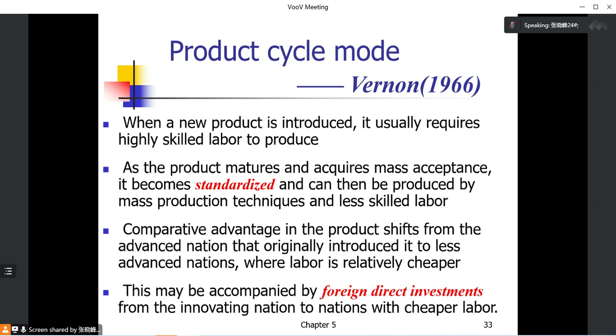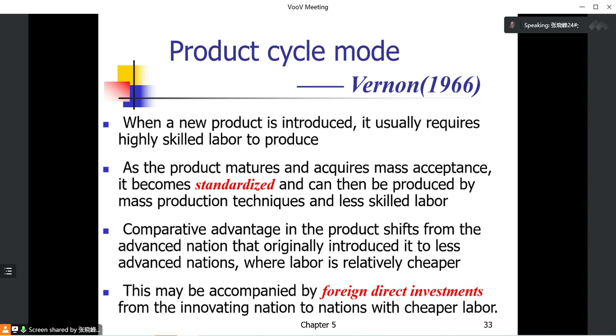So this product life cycle model can explain the globalization of the 1980s and 1990s. We call it the last round of globalization.